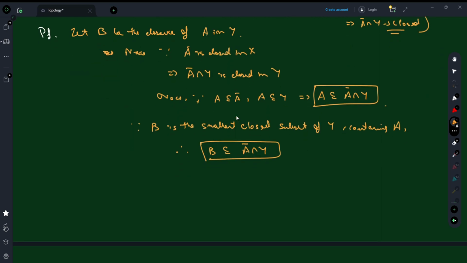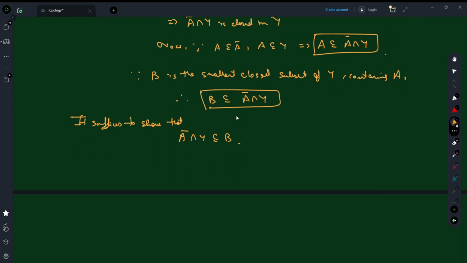So it suffices to show that A closure intersection Y is contained in B. Now B is the closure of A in Y, right?